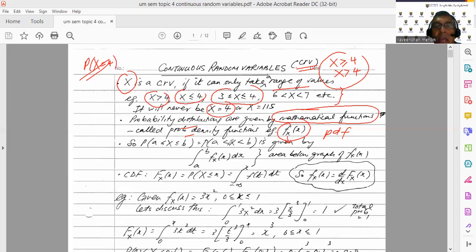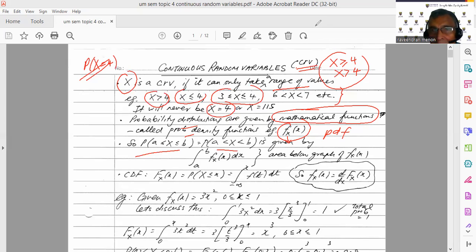If you're asked to find a probability, I've written it here again: the probability of X between a and b inclusive is the same as the probability of X between a and b not inclusive, and it's given by an integral.